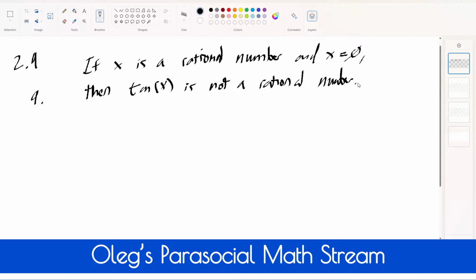If x is a rational number, so rational could be written as a fraction, and x is not equal to 0, then tan x is not a rational number. Taking the tangent of x, the tangent essentially represents sine over cosine. Yeah, so this is trigonometry.